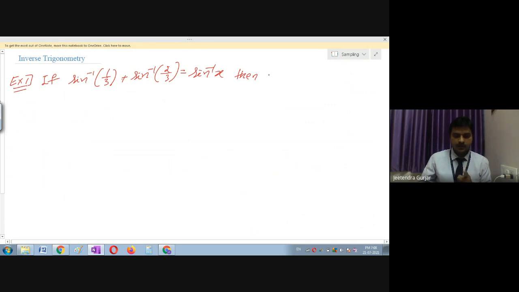What is the value of x? They will give you the options: the first option is 5 root 5 plus root 2 upon 9, and the next option is root 5 plus 4 root 2 upon 9.